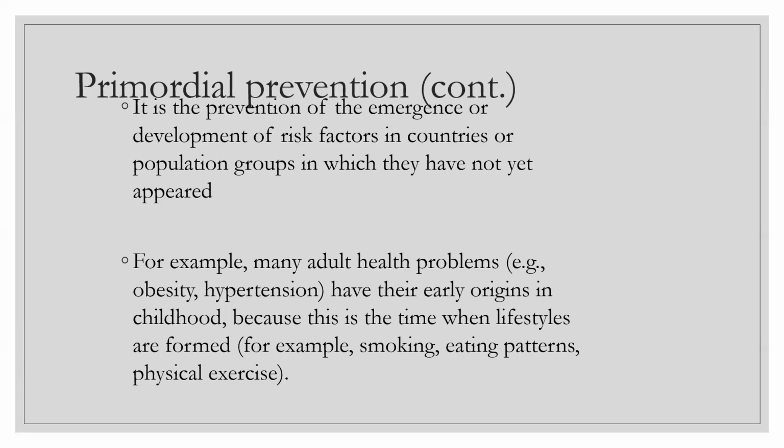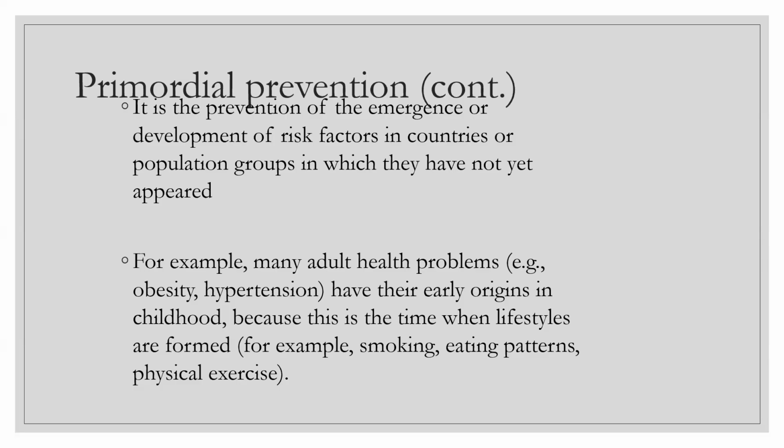So a lot of what you will do in primordial prevention will be among population groups that have not yet been exposed to the risk factor. For example, children, or even prenatal, or young adults that have not yet been exposed. Another thing you can do is ask how you protect an entire population from being exposed to the risk factor.